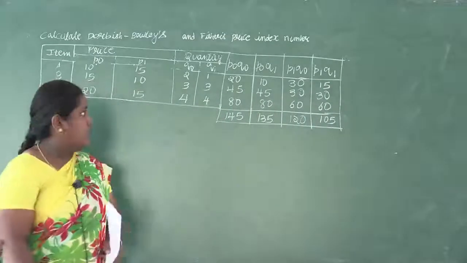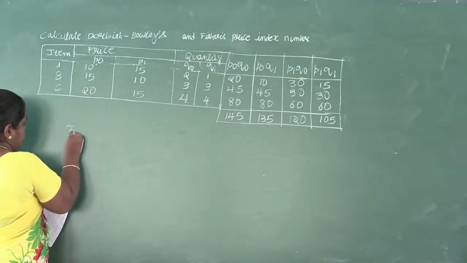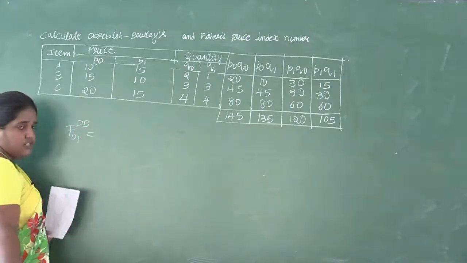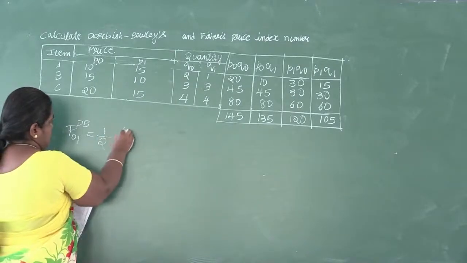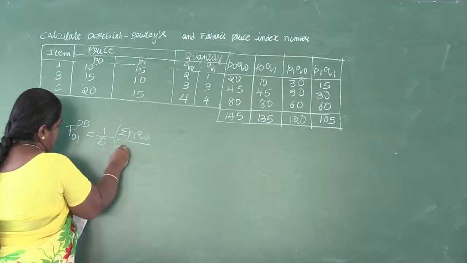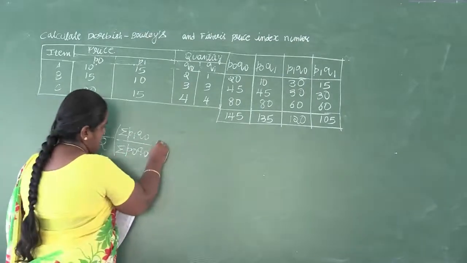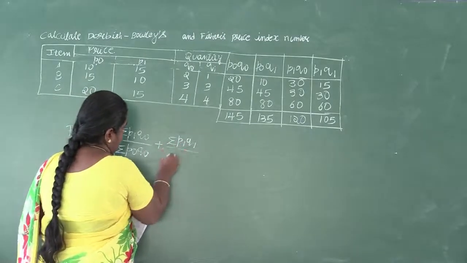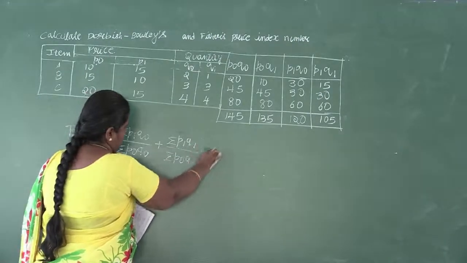Then first we have to calculate the Dorbish-Bowley's index number. So what is the formula of P01 dB? We'll be using the second formula which I have given. It is 1/2 into sigma P1 Q0 divided by sigma P0 Q0 plus sigma P1 Q1 divided by sigma P0 Q1 into 100.